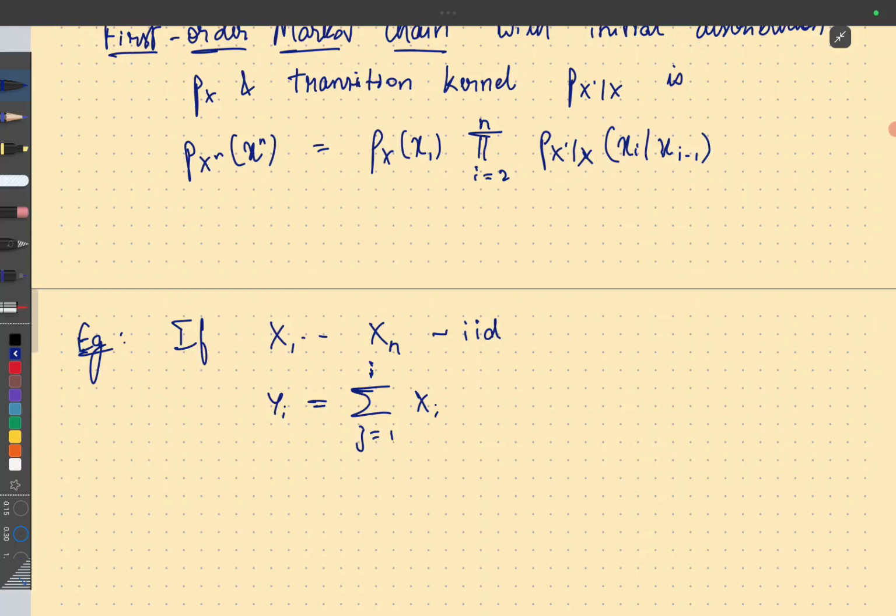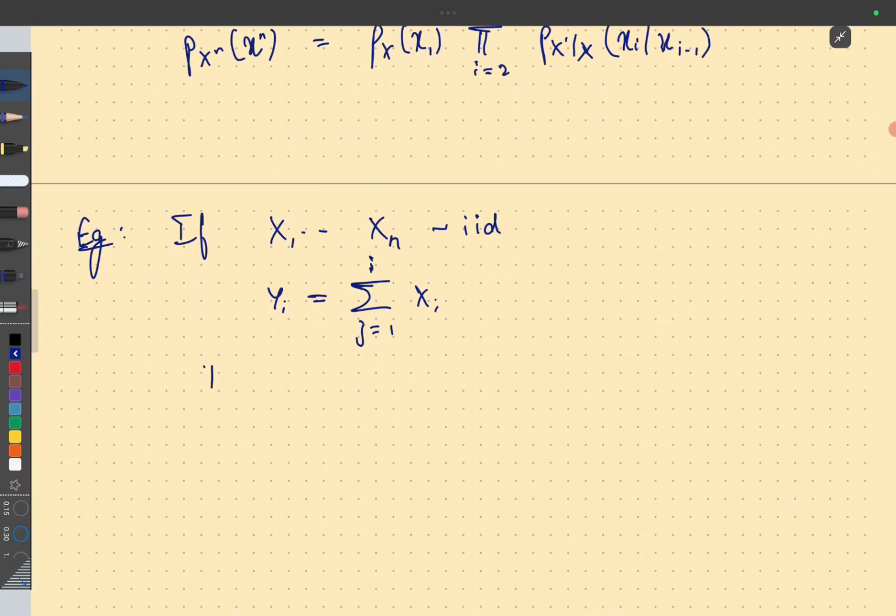All right, so all of these partial sums. Then the random variables y1, y2 up to yn form a first order Markov chain.